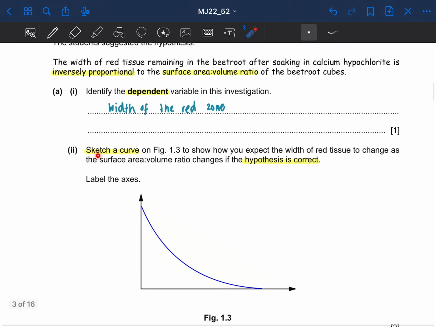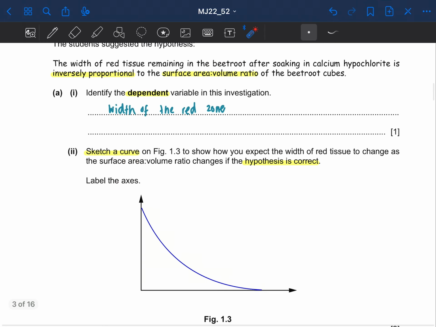The next one: sketch a curve on figure 1.3 to show how you expect the width of red tissue to change as the surface area to volume ratio changes if the hypothesis is correct.